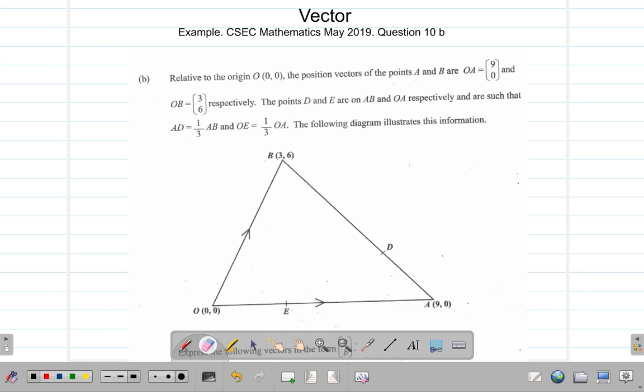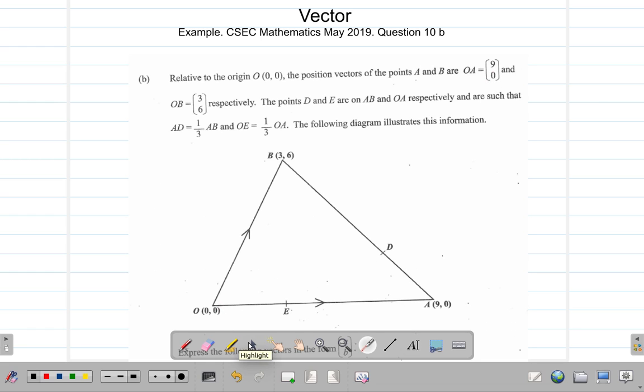So, relative to the origin O, that is the origin, (0, 0), the position vectors of the points A and B, right here, are OA = (9, 0).